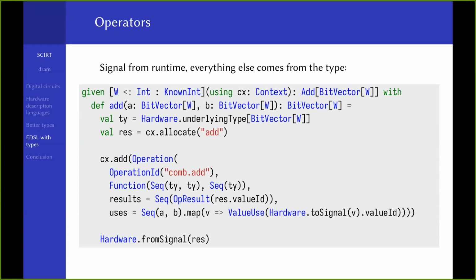This one is a bit complicated, but really all it's doing is saying that whenever you have the context, so whenever you're inside the module and you're given two bit vectors of the same width, A and B, the add operator will give a comb.add operation into the context, or into the module body, and return you the result in a signal name, but it's wrapped back into a bit vector.